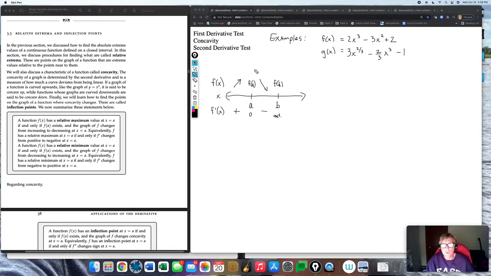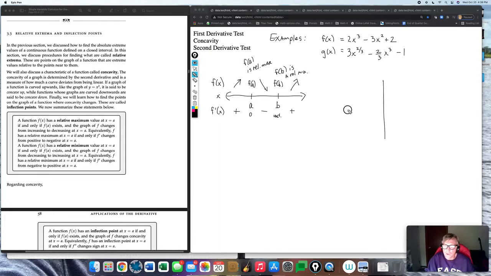We go from increasing to decreasing, and we say that f of a is a relative maximum. Relative, it may not be the very highest point on the graph. And if the value of the derivative changes again to a positive number, then it's increasing. So in this case, it's a relative minimum, right?